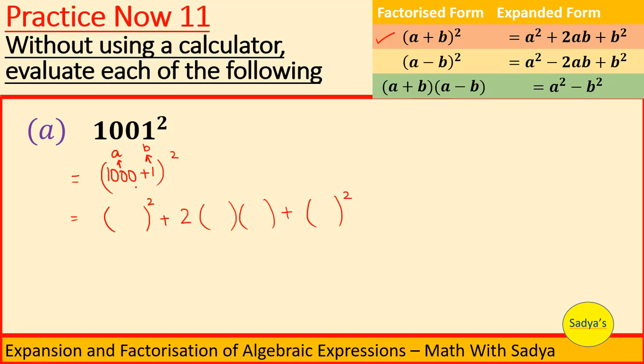And now let's fill in the blanks. a is 1000, so we write it in these two brackets, and b is 1, which we write in the remaining two brackets. Now we have 1000 squared. Finding the square of 1000 is very easy. It's just double the number of zeros. We have 3 zeros, so when we double the number of zeros, we will have 6 zeros.